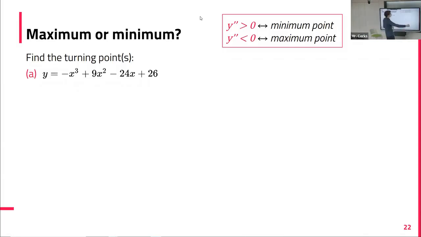Tell me what you think the answers are. -2, -1, and 3. Okay, so 3 turning points, and you think it's those 3. Okay, so -2, someone said -4, someone said +2.